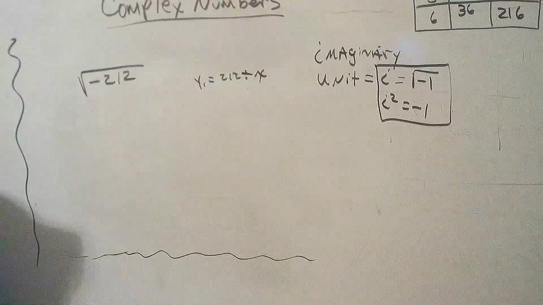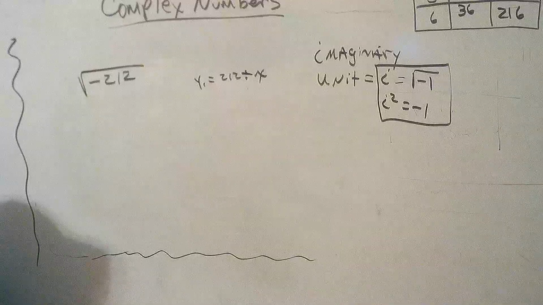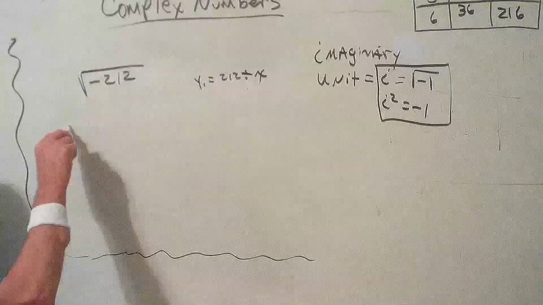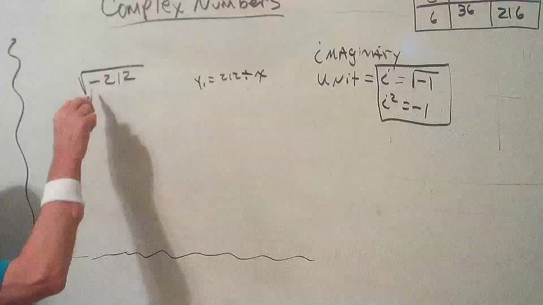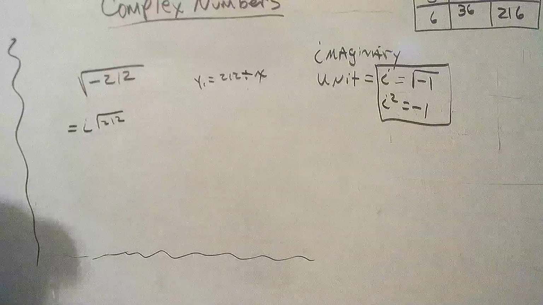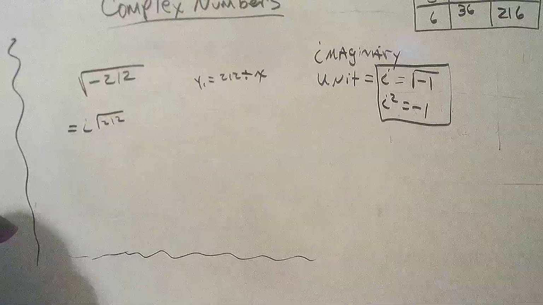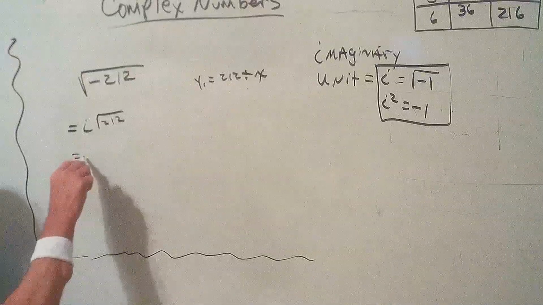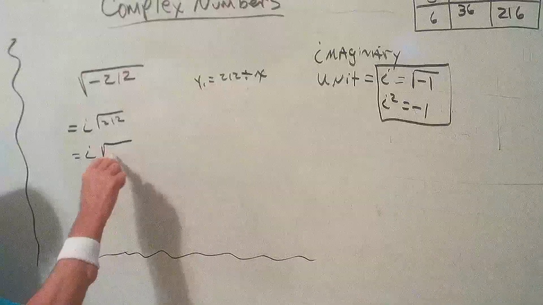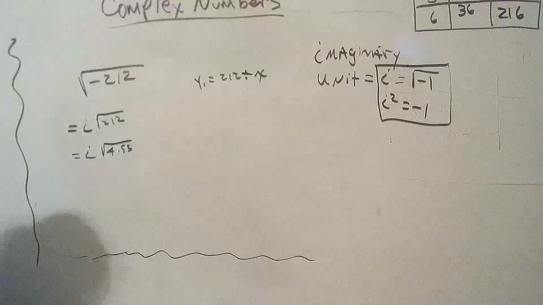Now what you want to look for here is one of the factors that's a perfect square. So this equals, first of all, let's get rid of the negative number. Now what are the factors of 212 where one of them is a perfect square? i times 4 times 53.